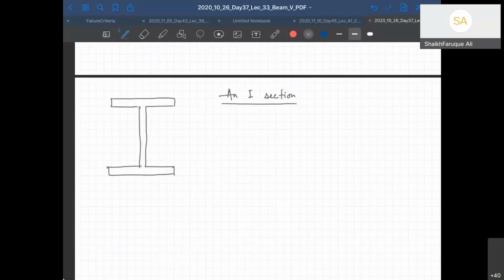If you look at this part of the section, the D by B ratio here is going to be quite high. And therefore, we have to worry about it. We cannot directly use the formulas that we have because that's not going to give us the accurate solution, right? It will give us an approximate solution.